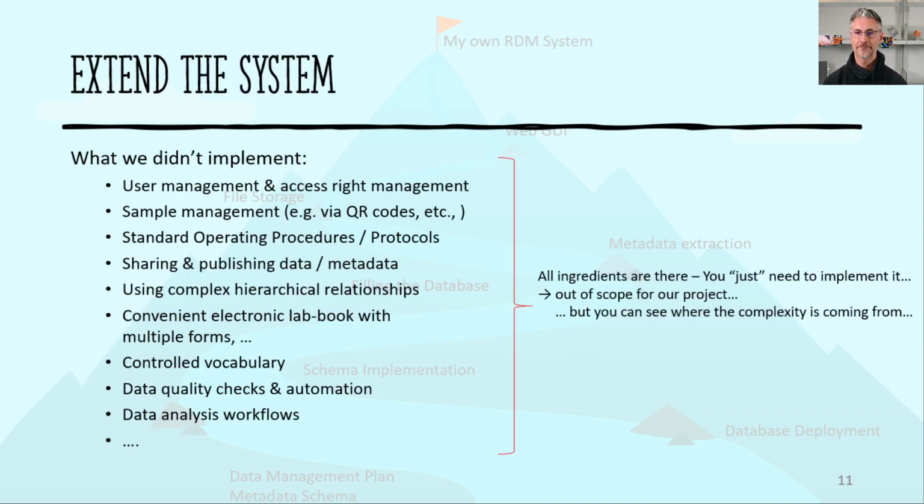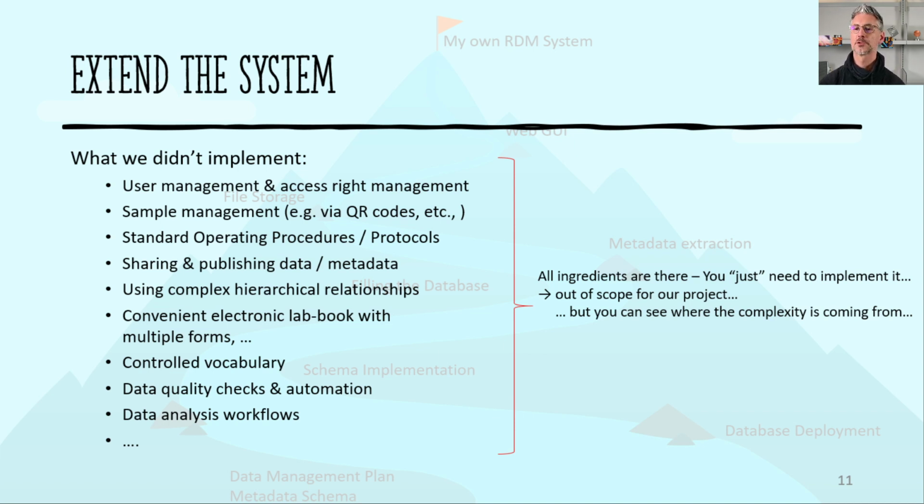And now we have a few pointers of how to build a very basic system. However, there's a long list of things that we didn't implement so far, but you need to think about when you want to implement or deploy an RDM system. So we will have to have some sort of user rights management and access rights management, so that not everyone can connect to our RDM system and add stuff or delete everything.